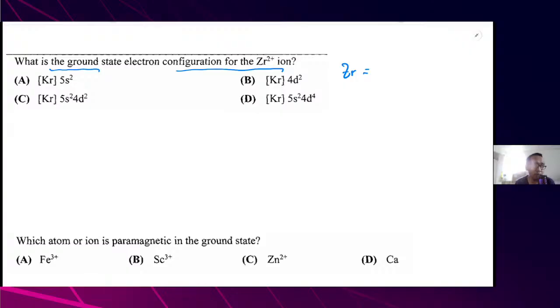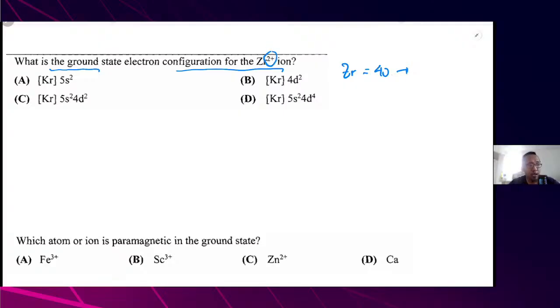In the periodic table, the atomic number of zirconium is 40. That is for the neutral atom, but over here we have 2+.